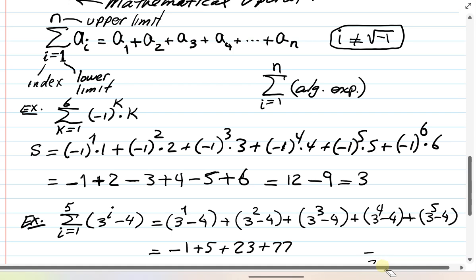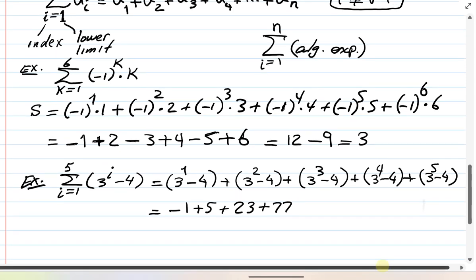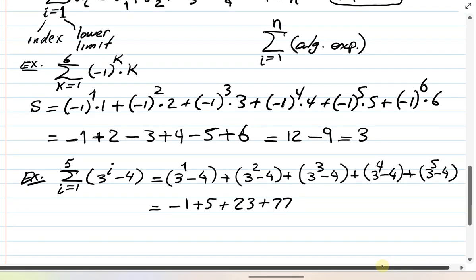And finally, 3 to the fifth, that's going to be what, 243, all right, because that's like 9 times 27. 3 squared, 3 cubed, 180, 63, yeah, 243. Please verify, I think that's right. And 243 subtract 4, it's going to be 239.